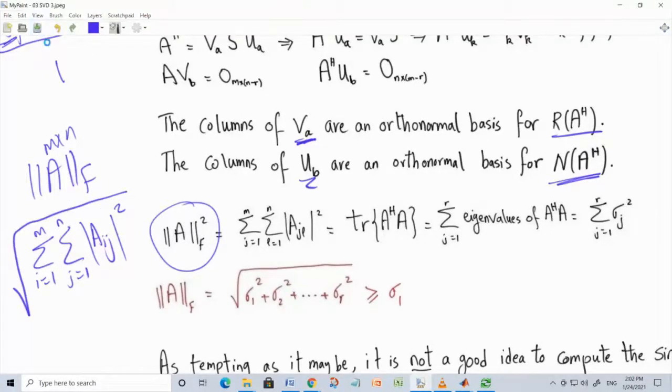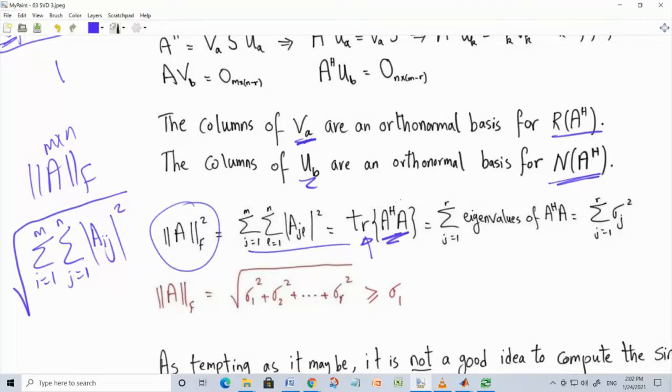So the Frobenius norm squared is the sum of the magnitude squares of the elements of matrix A, and this sum can be written in terms of the trace of A Hermitian A. You can write A Hermitian A explicitly in terms of its elements and easily show that the trace of A Hermitian A is the square of the Frobenius norm.